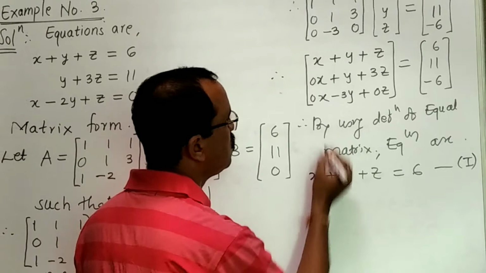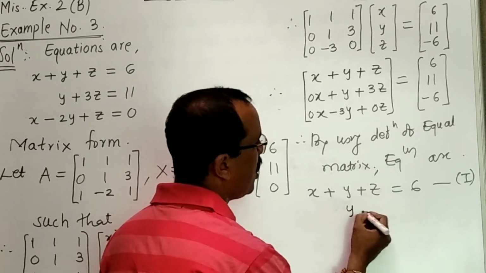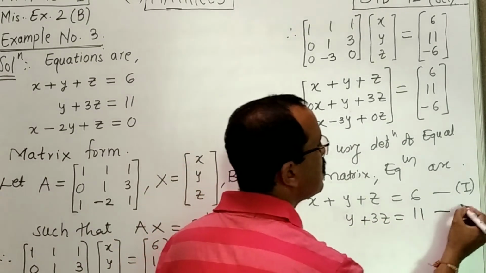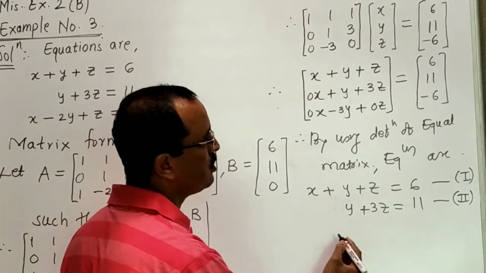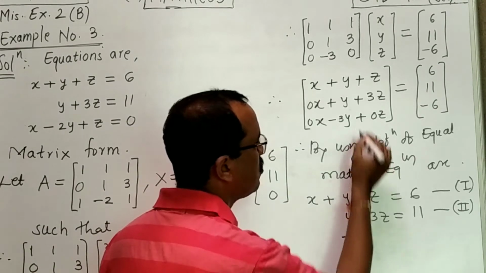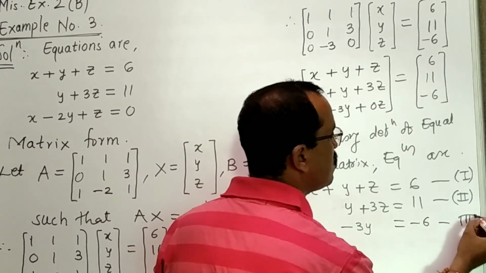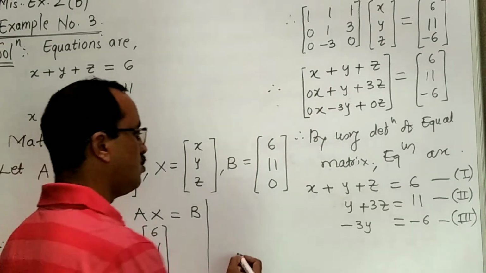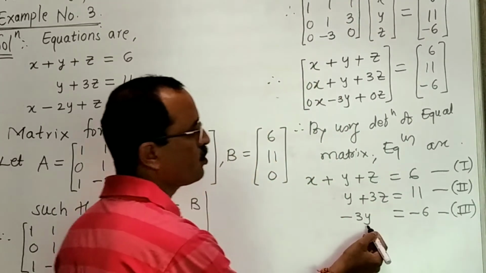Second equation is 0x means 0, then y plus 3z is equal to 11. This is equation number 2. And third equation is 0x means 0, minus 3y plus 0z means 0, is equal to minus 6. So we get equation 3. Now by using these three equations we find numbers x, y, z.